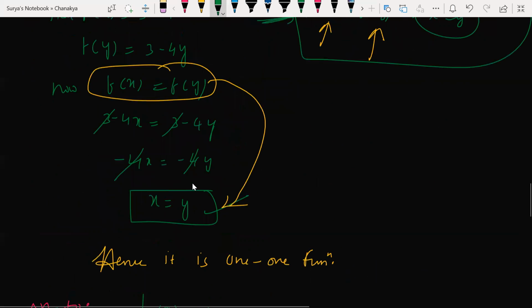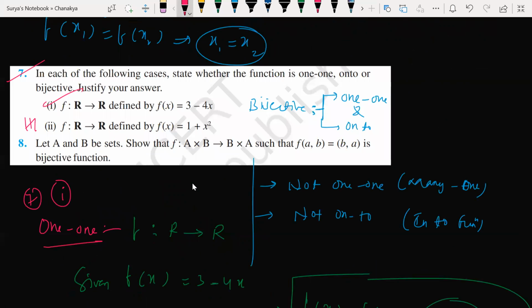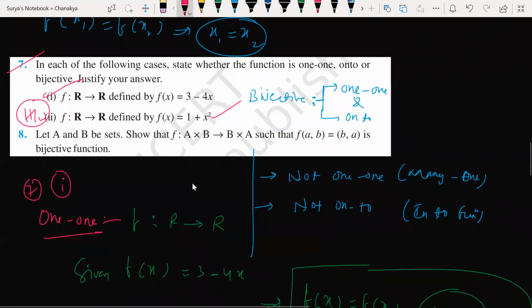So this is the first question. The second question I will give you as homework. Same thing, no need to change anything. In the same manner you have to solve that. Now, we haven't finished our seventh question yet.